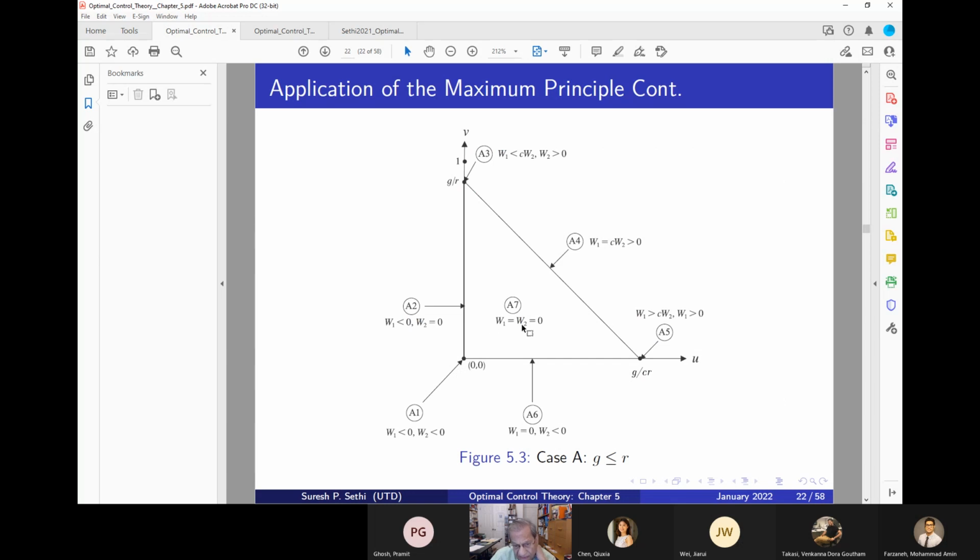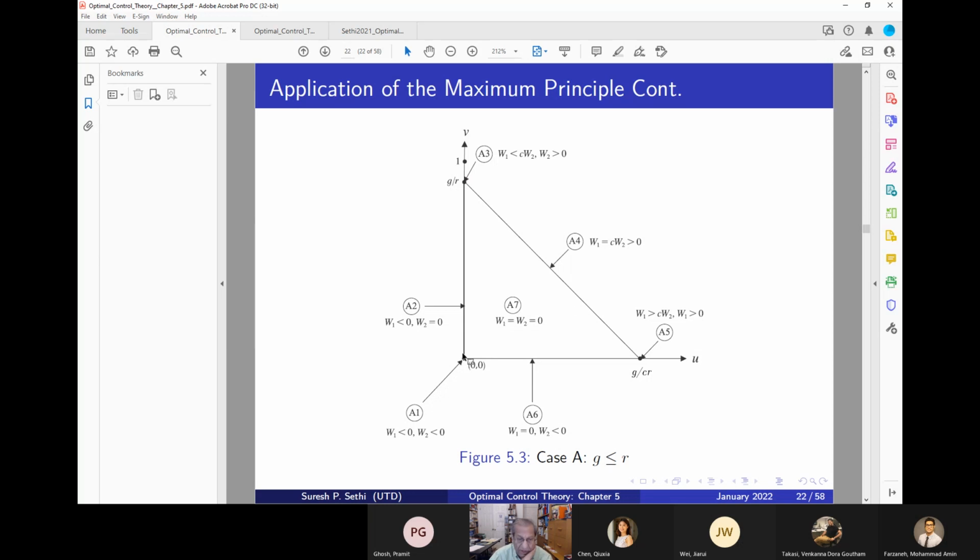It says that W1 and W2 can have different relationships with each other because this is the objective function. Depending on the objective function, the solution can be on the simplex, and these are the extreme points. This one, that one are extreme points.